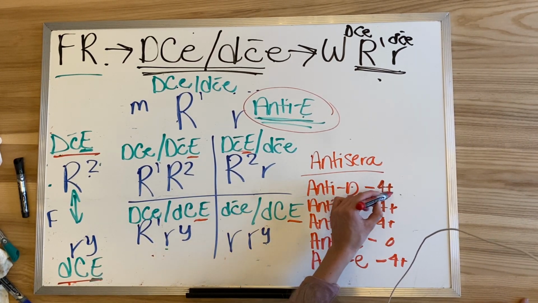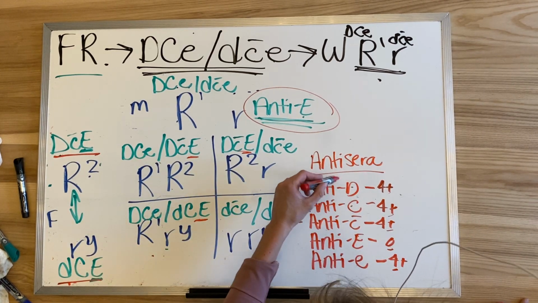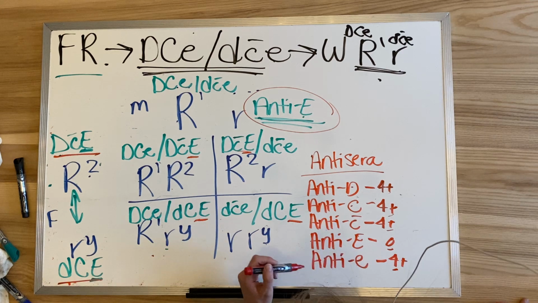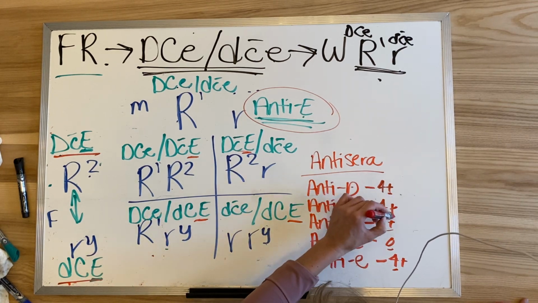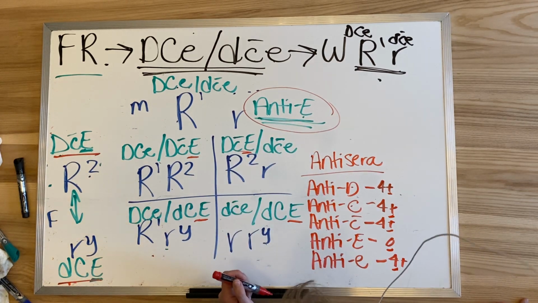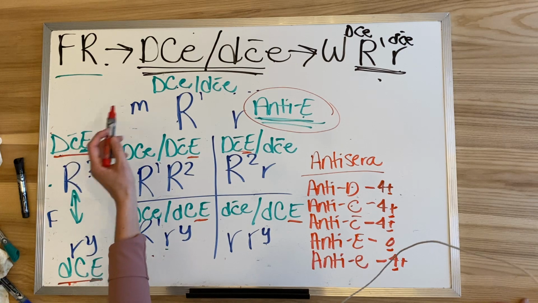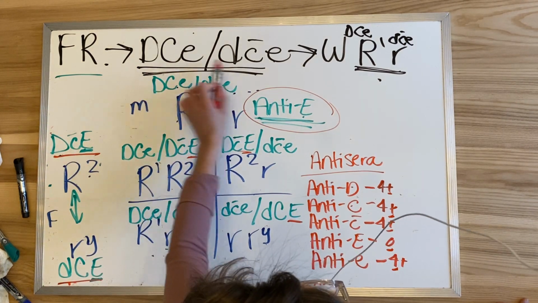We literally have like the plus, 0, plus. And then from here, based on what we have for antigen testing, we can take these reactions and translate them into what their probable phenotype, or genotype, would be.